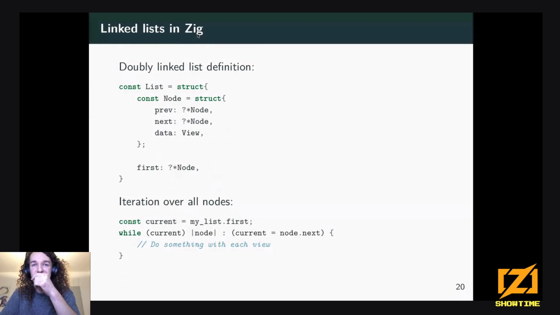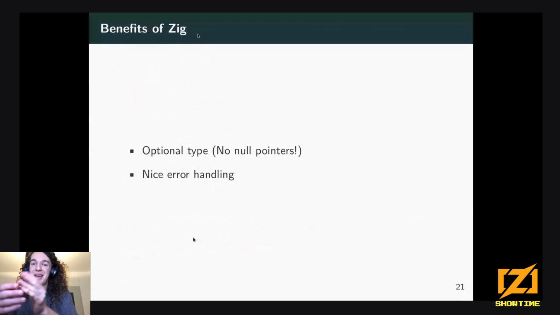And so we can then do something with node inside of this loop. And then for the next iteration, we set current to the next node, and then check again if current is equal to null or not, in this nice language level construct that makes working with optional pointers much nicer. And so that's one major feature of Zig. I cannot state enough how much just having the optional type changes your code and makes everything so much easier to read.